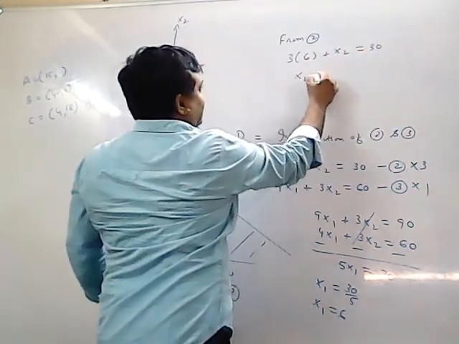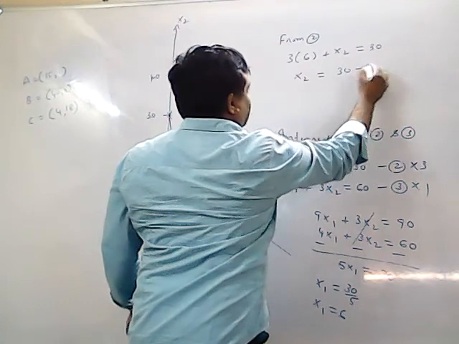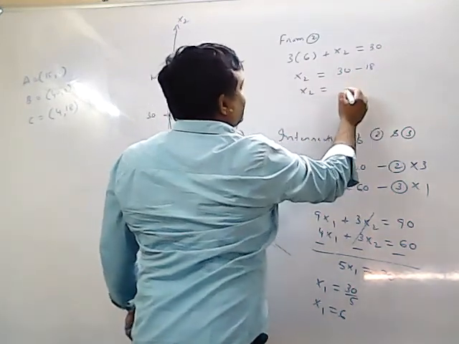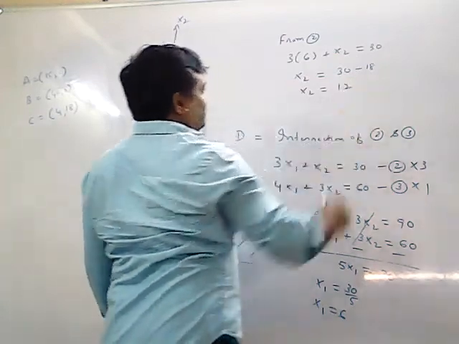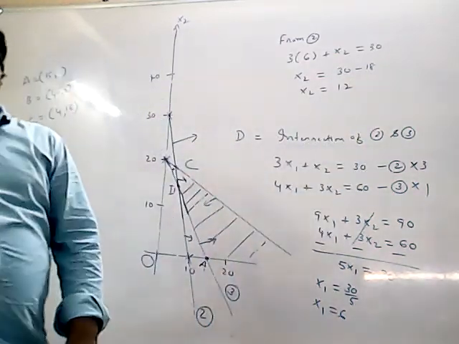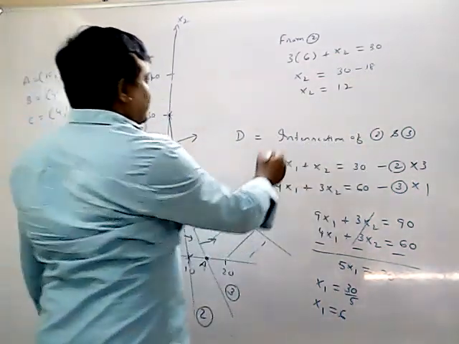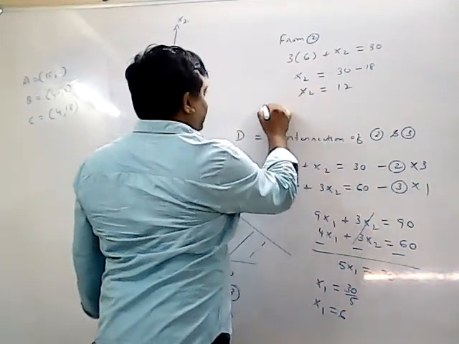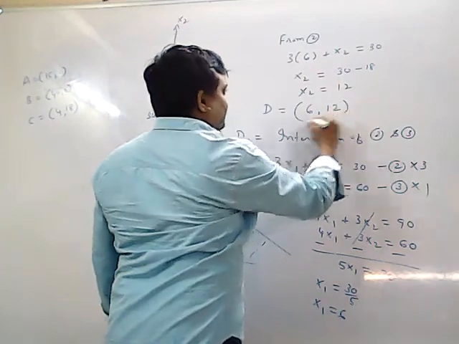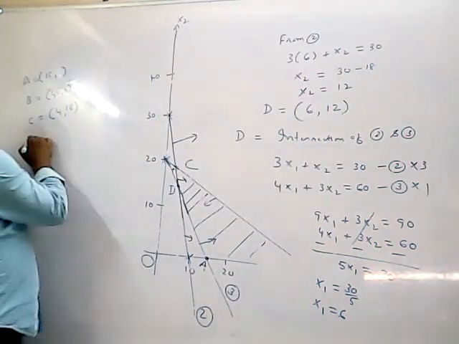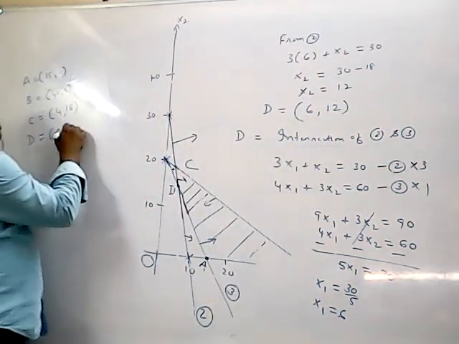That means x2 equal to 30 minus 18, so x2 equal to 12. That means I know the D point: x1 value 6, x2 value 12. Now I know all the points. D equals 6 comma 12.